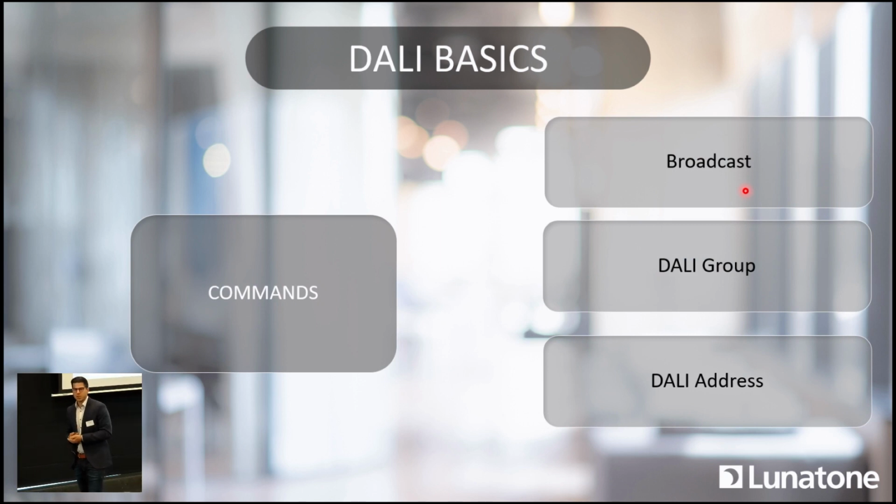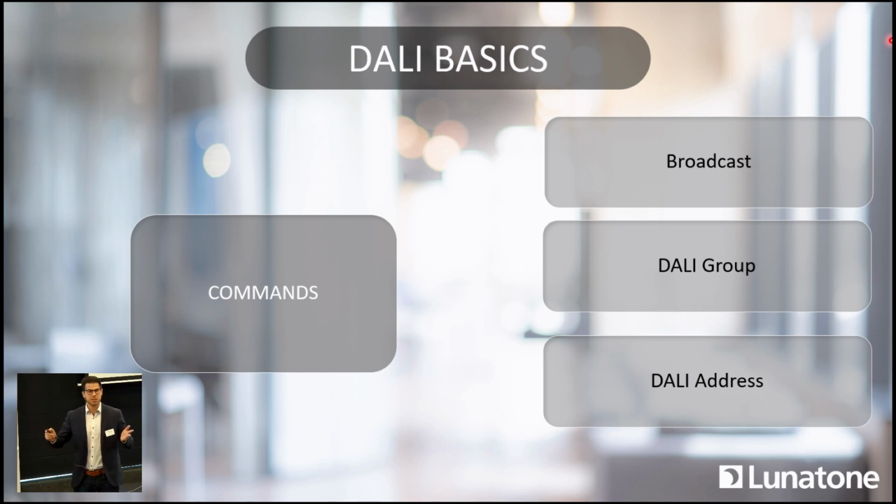Next are the controls, the commands. So in DALI, you distinguish between three different kinds of control terms, which is broadcast, DALI group, and DALI addresses. And there are also scenes, which I forgot here, but you will see that as well in the software.